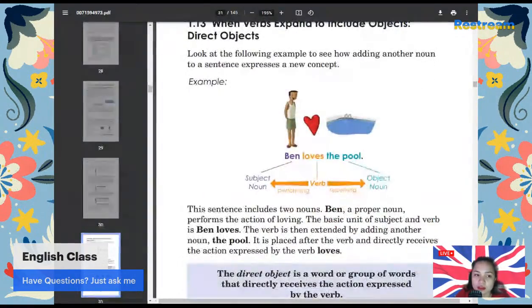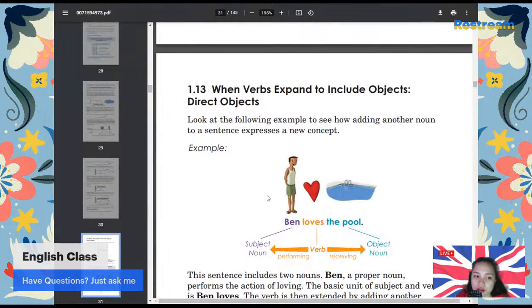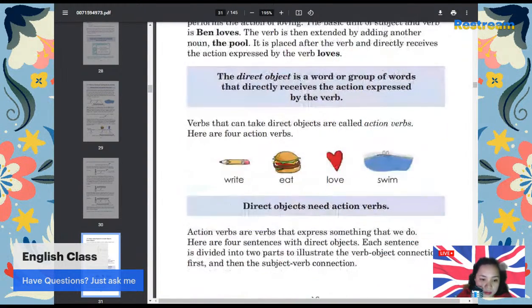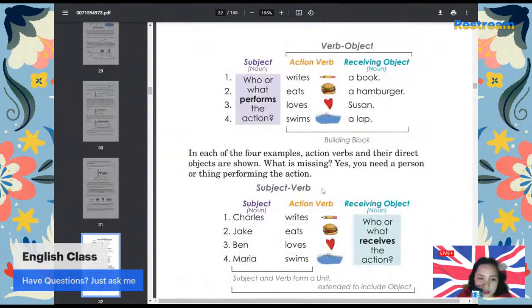On page 18, here we have the direct objects. Remember that we need an action verb so that we will have the direct object, an object noun who receives the action verb. Page 19 has some examples comparing how a direct object is used in a sentence.